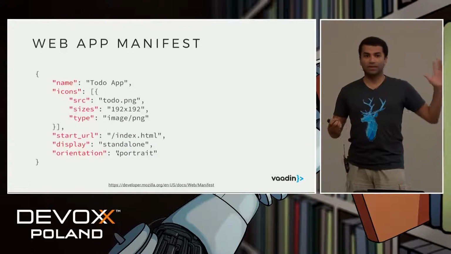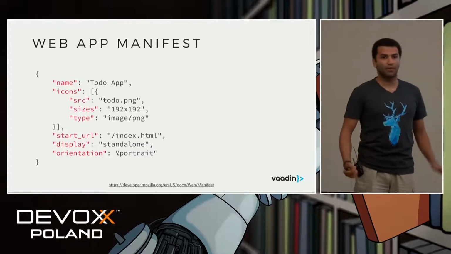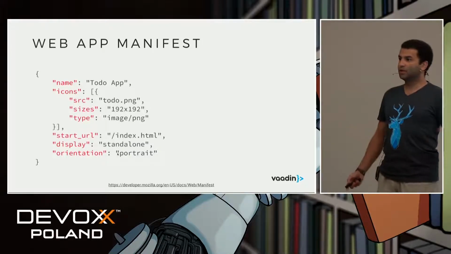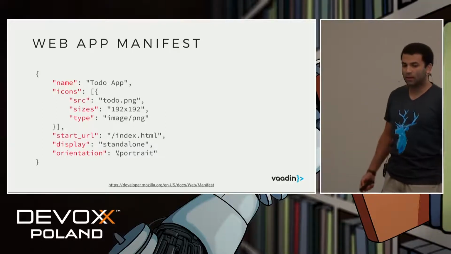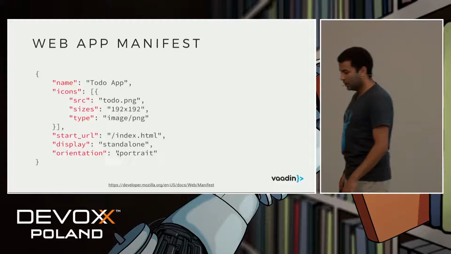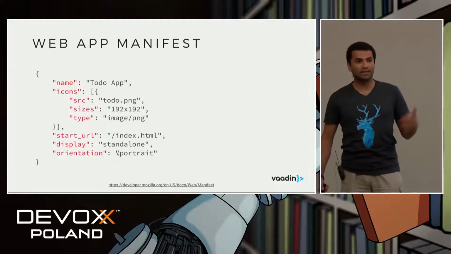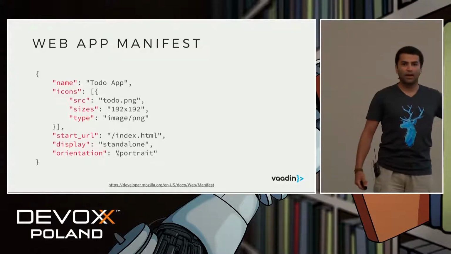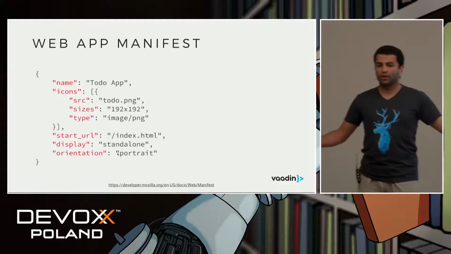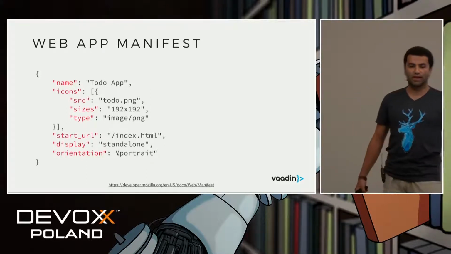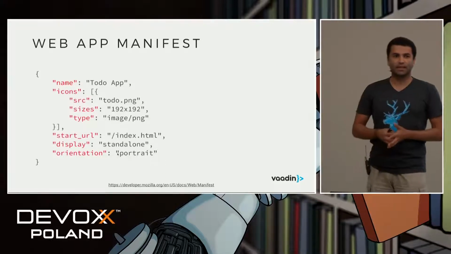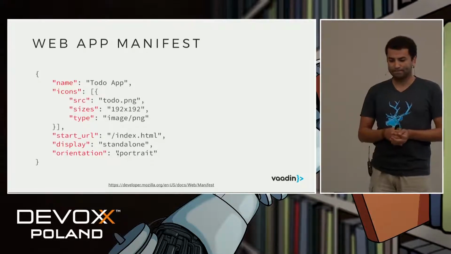I don't know this JSON file by heart. I just Google it every single time I want to use it and copy it. There are also some tools that generate this for you, so you don't really have to worry about it, as it's just a simple static file containing some definitions, your icon, your app name, your start URL, and so on, and you just place it inside your root directory.